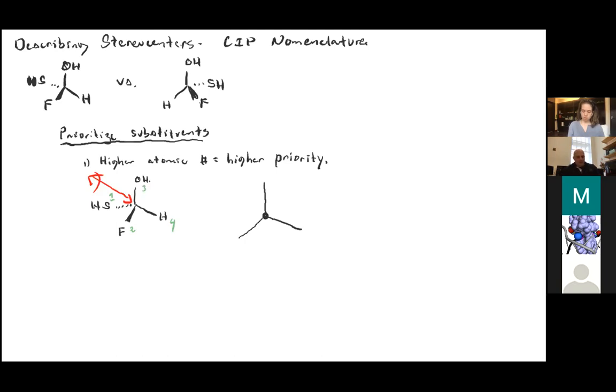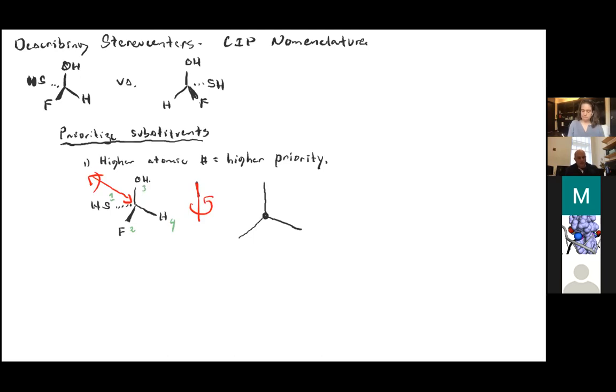And then we need to place the substituents in the right orientation, and this is where it gets a little tricky. And so to achieve this perspective, I'm going to rotate the molecule sort of about the vertical axis, okay?